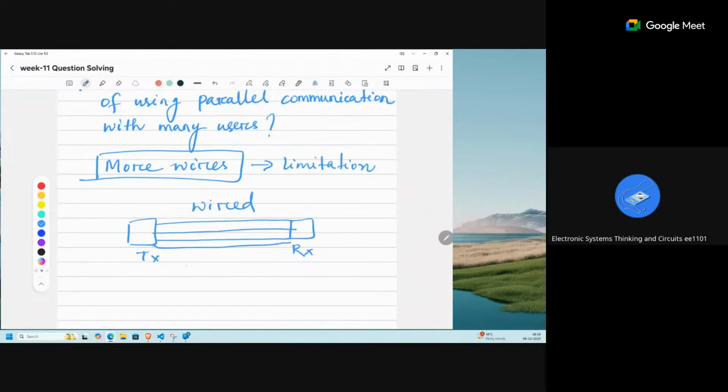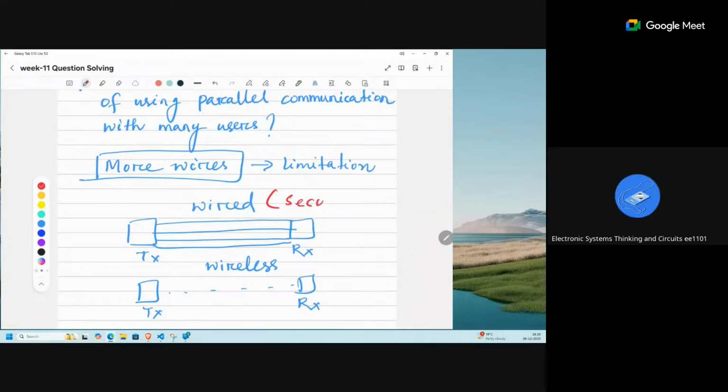Or if the transmitter and receiver are connected wirelessly, which is the secure communication? Ma'am, wired is more secure. Yes, why? Ma'am, because there is a single medium and the signal can't be easily distorted.